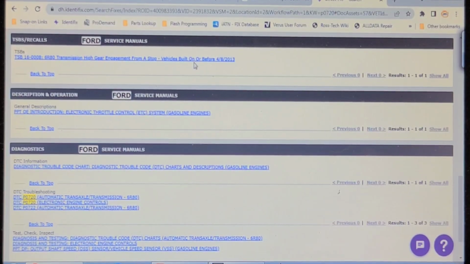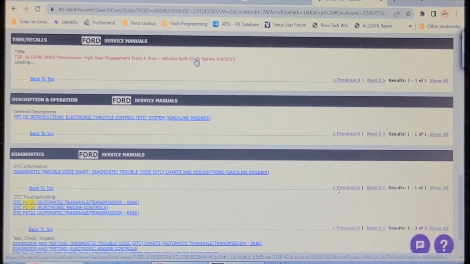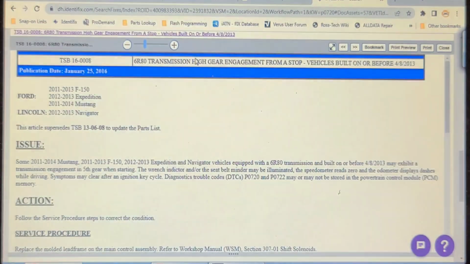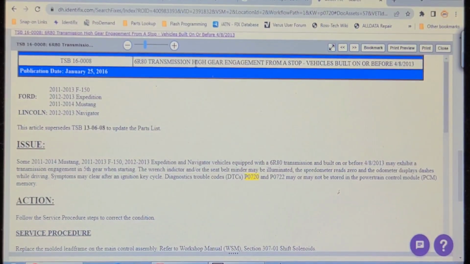High gear engagement from a stop. Vehicles built on or before April 8th or August 4th, I'm not sure, 2013, equipped with 6R80 transmission and built on or before 4/8/2013, may exhibit transmission engagement in 5th gear when starting.